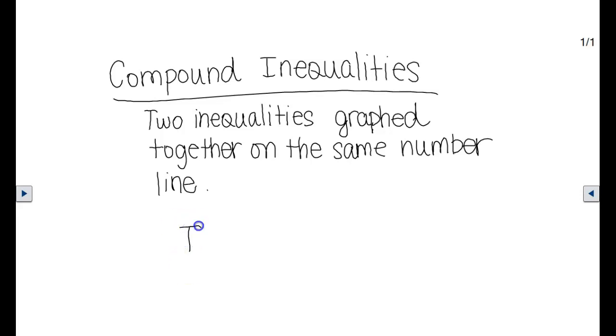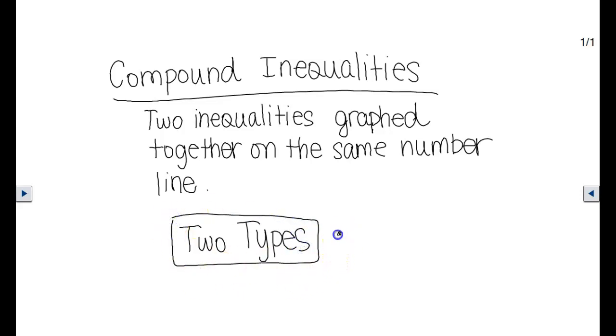Now, what you need to know is that there are two types of these compound inequalities. The first type are AND inequalities.